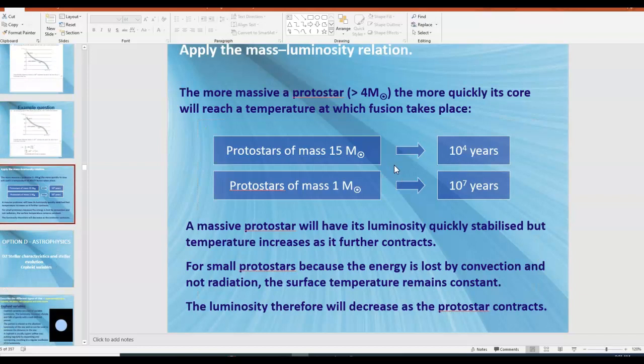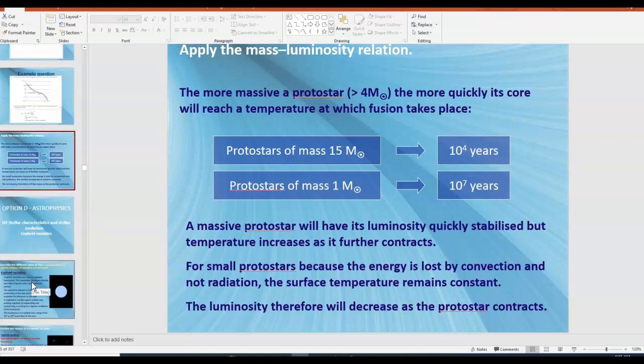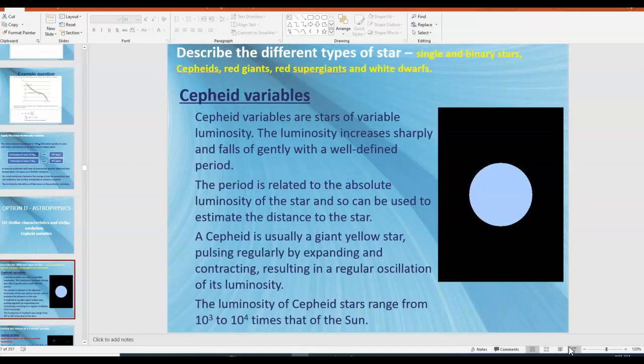This slide is basically just showing you that the more massive a star is, the shorter its lifetime, and we've talked about that before. The last thing we're going to talk about in this video is what's called Cepheid variables. I'm going to play this clip for just a second so you can see.